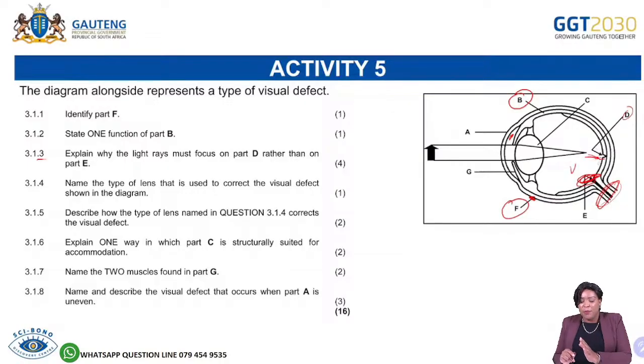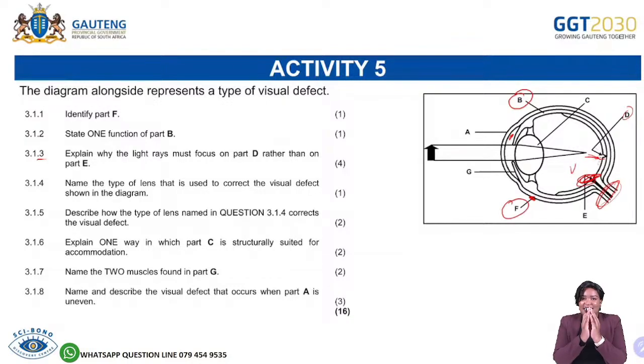So that is a problem. You need a lens that is going to correct this and refract the light in such a way that it makes the rays stretch even further to reach the yellow spot on the retina. So what type of lens are you going to use there? You learned so much about that today. You are going to use a biconcave lens.